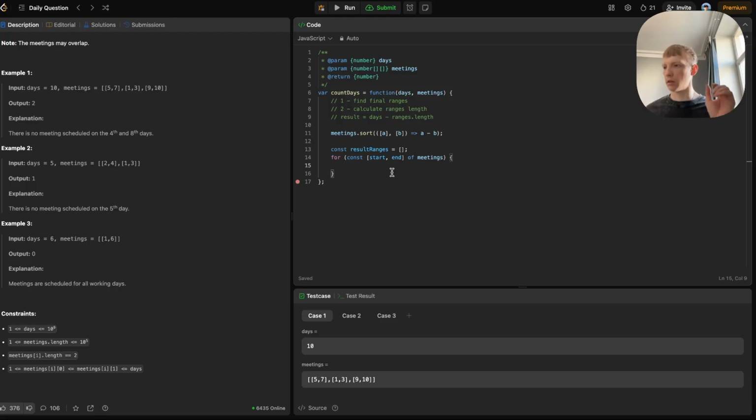We know that we cannot meet a previous range, so we will just get the last one. Let's say that we will always have a last one. Result ranges would be meetings[0].